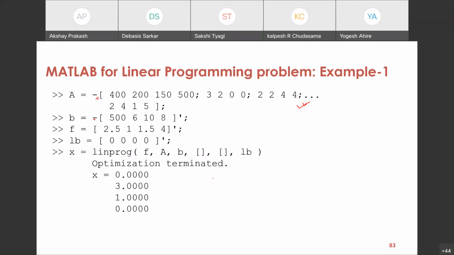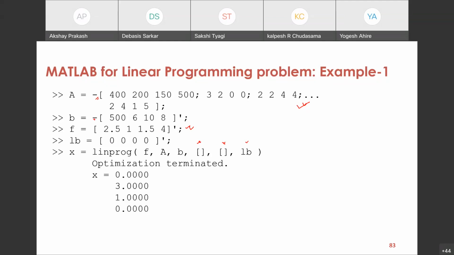For upper bound, you can put Inf as infinite. F is the objective function coefficients, then the A matrix and B matrix for linear inequality. I do not have linear equality constraints, so I represent Aeq and Beq as empty matrices.